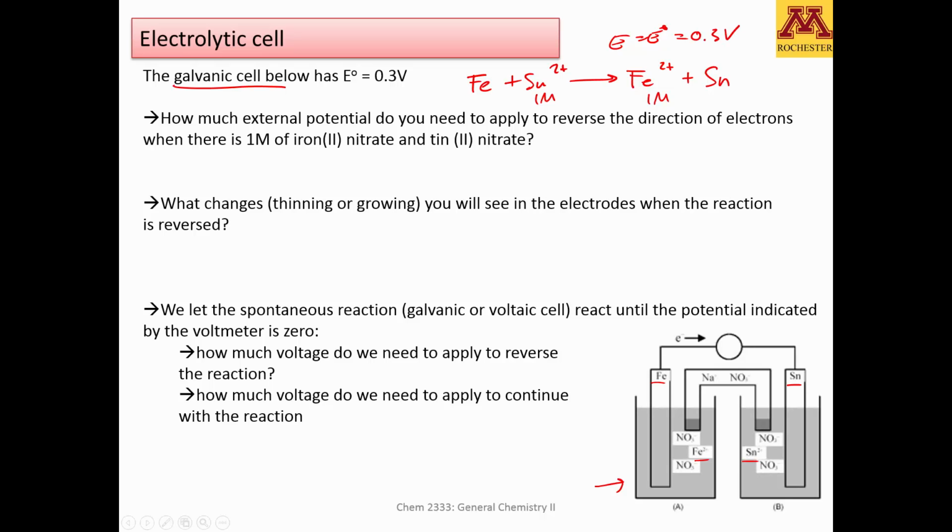Now, the first question is, how much external potential do you need to apply to reverse the direction of the electrons when there is 1 molar of iron and tin?